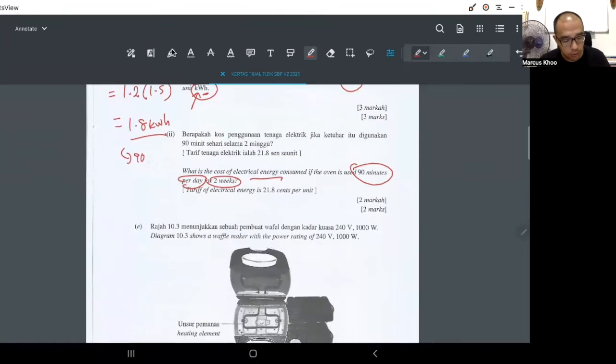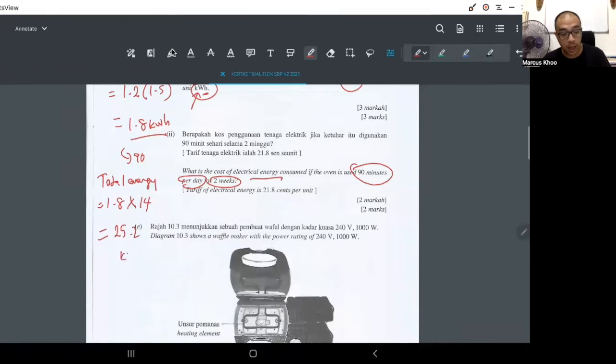So the total energy is 1.8 times 14, because it's 2 weeks. 1.8 times 14 will be 25.2.